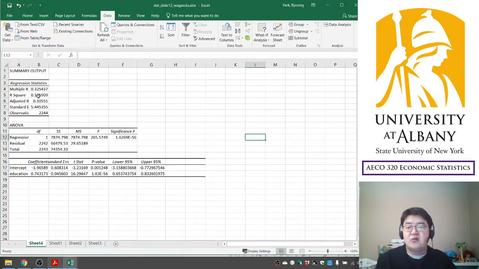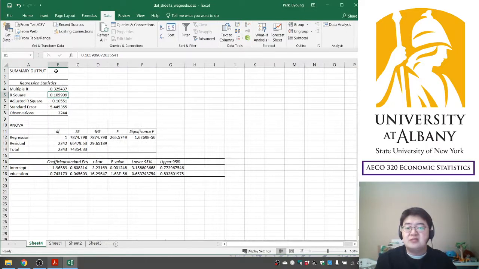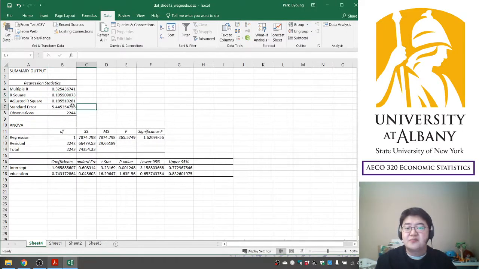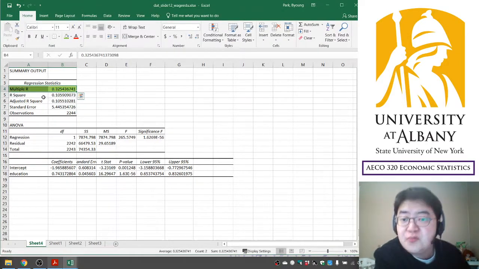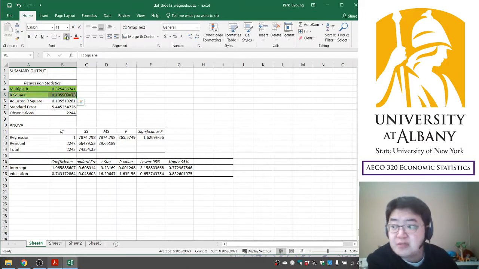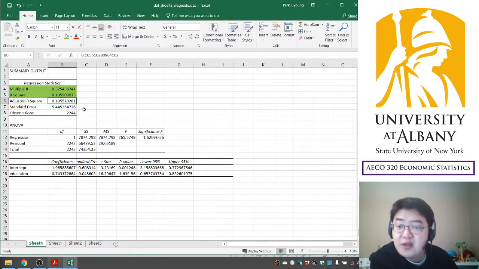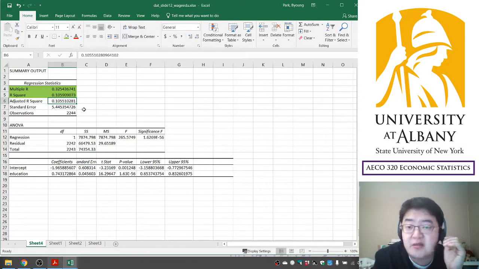From here, remember in this realistic example, multiple R is about 0.32 and R square is only about 10%, right? You may be very disappointed by this, but actually not. Think about this.